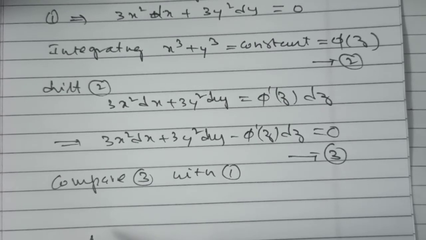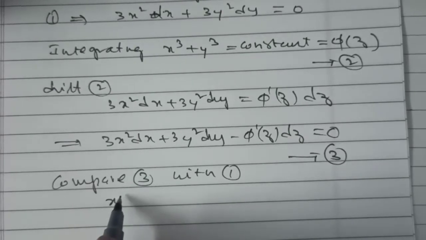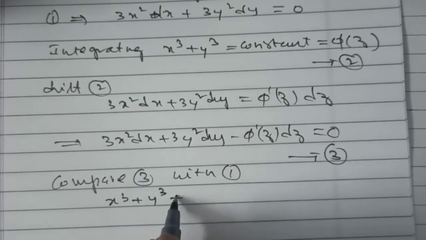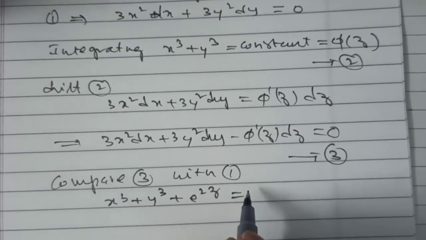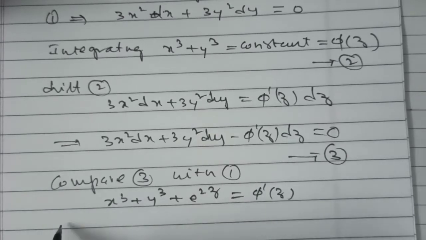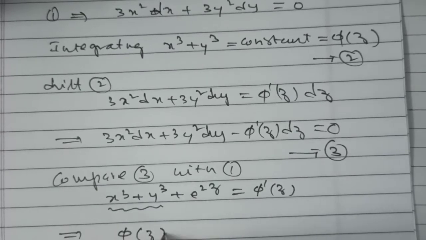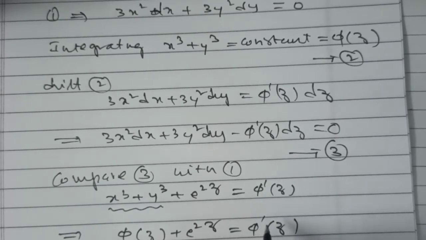So x cube plus y cube plus e power 2z is equal to phi dash of z. This implies x cube plus y cube value is phi of z, plus e power 2z is equal to phi dash of z. This is from 2.